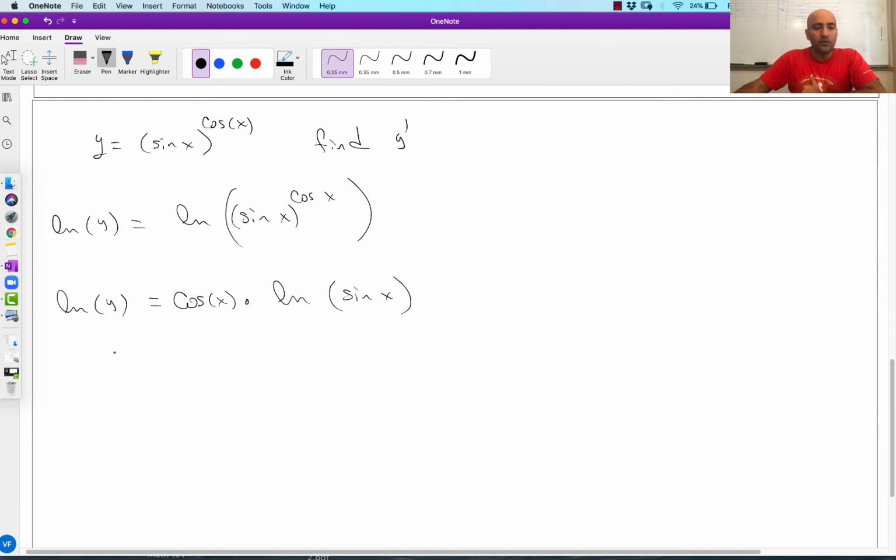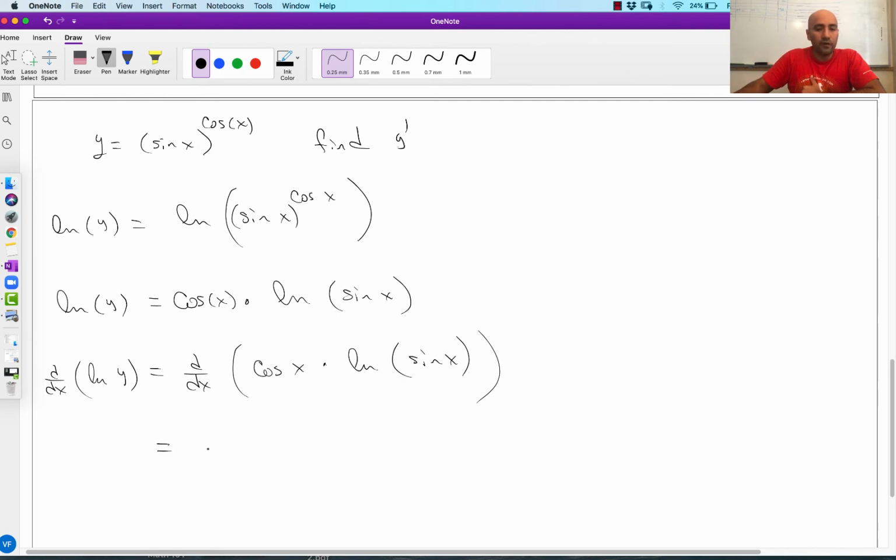Good. So now we can take the derivative with respect to x. This is the derivative with respect to x of ln of y, which is now equal to the derivative with respect to x of this product. So we have the product rule.